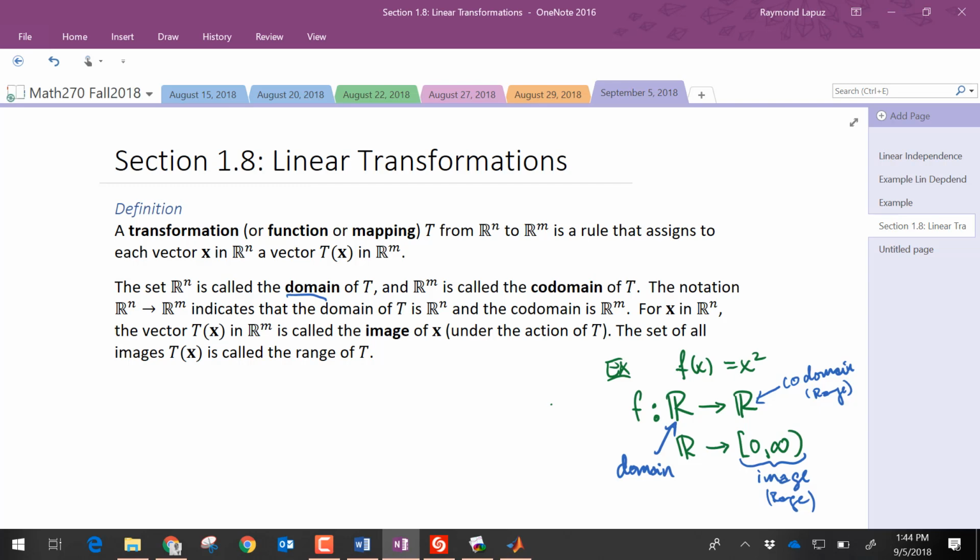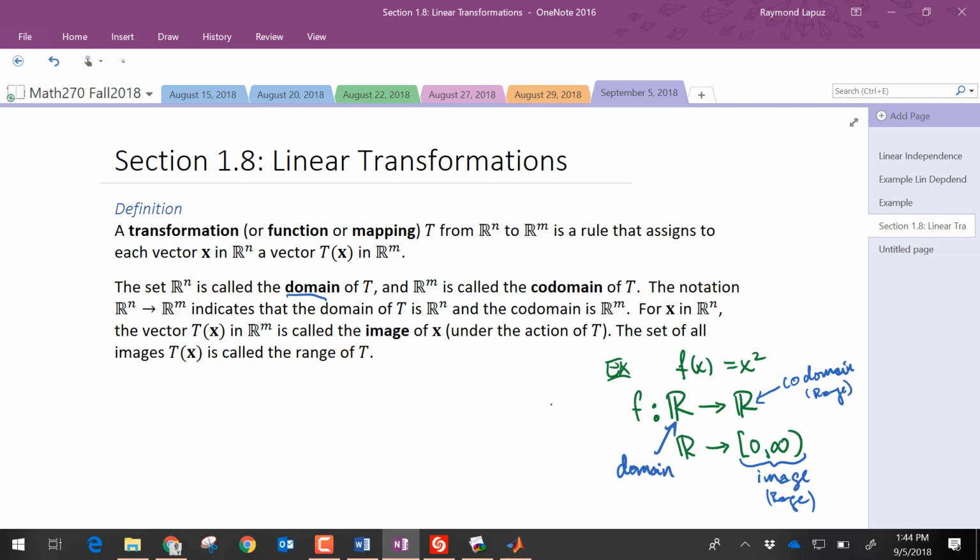Because we're talking about transformations now, they will be mappings not just from a real number to a real number, but from a vector space to another vector space. The codomain just means the set that you're going to get, and the image would be all the possible outputs that you get.